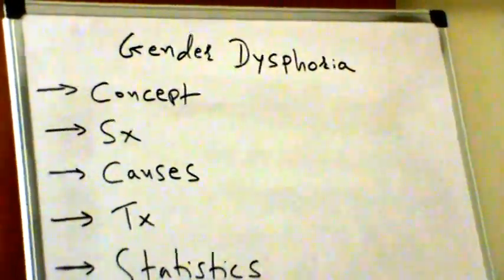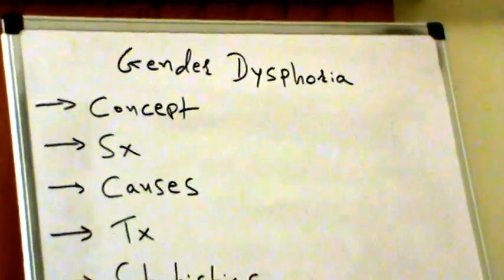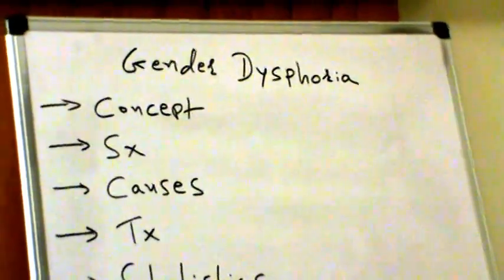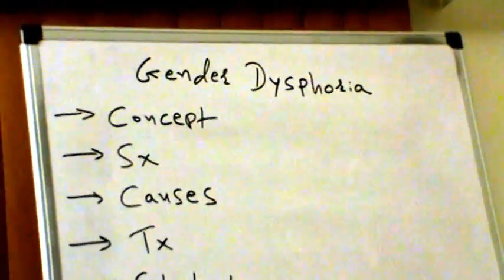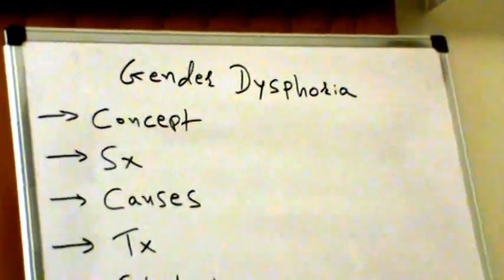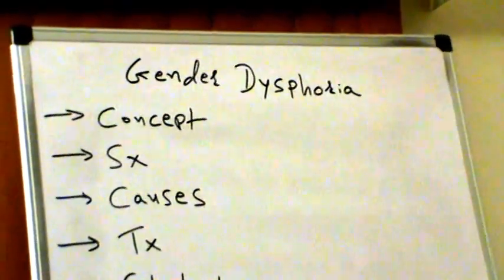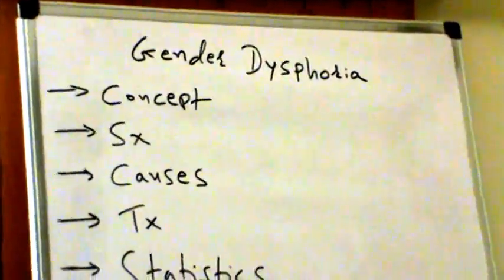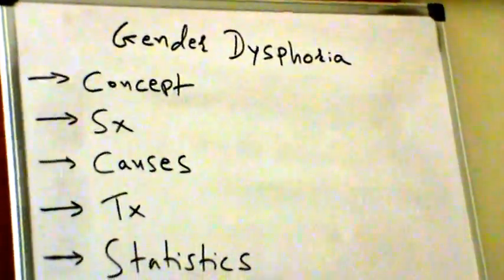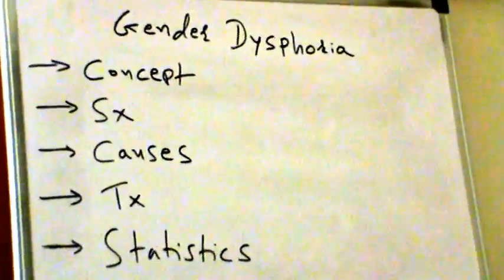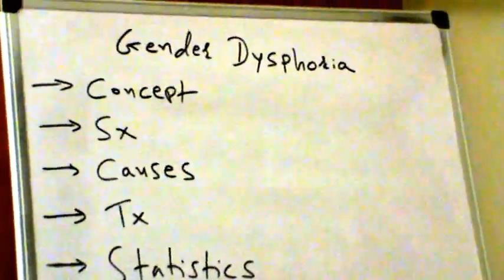Adults may display anxiety and depressive symptoms. Some adult males have a history of transvestic fetishism as well as other paraphilias. Associated personality disorders are more common among males than among females being evaluated at adult gender clinics.